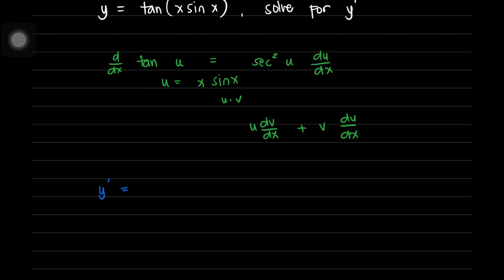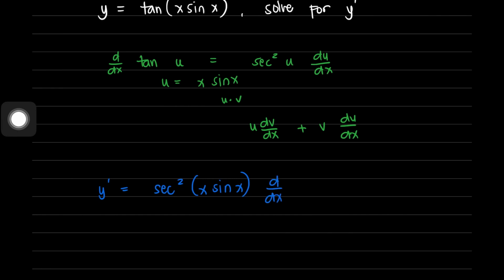Right? So, using this formula first, we now have secant squared of x sine of x. So, this is secant squared u, and since u is x sine of x, then this would now be secant squared x sine of x multiplied by the derivative with respect to x of x sine of x.